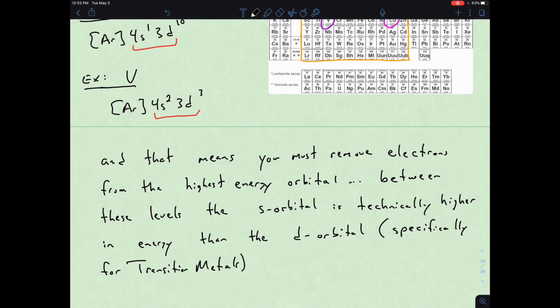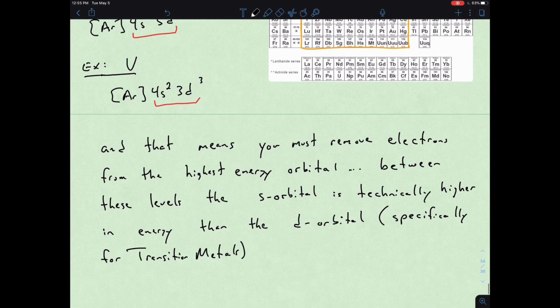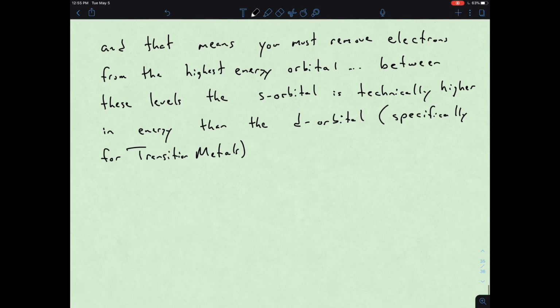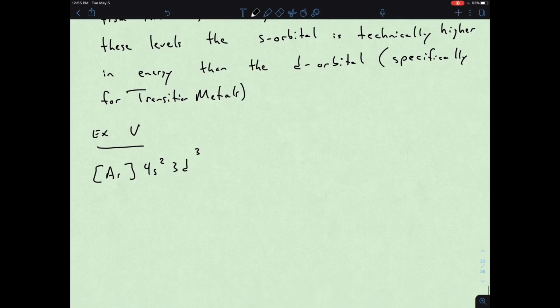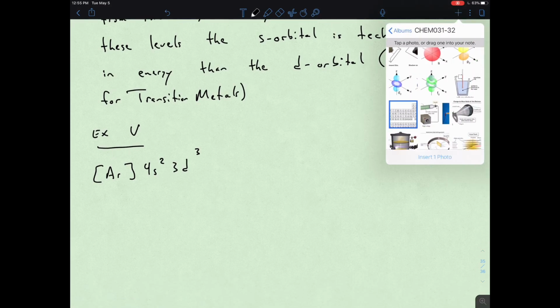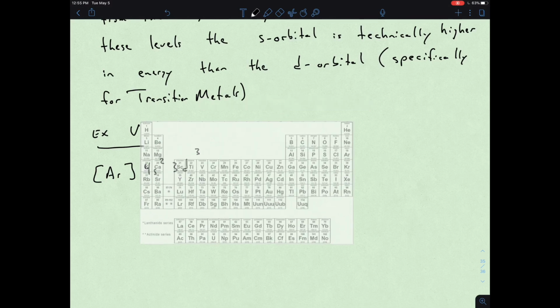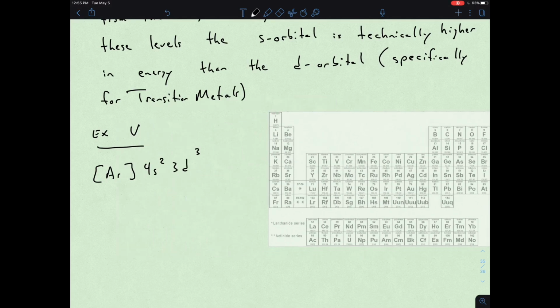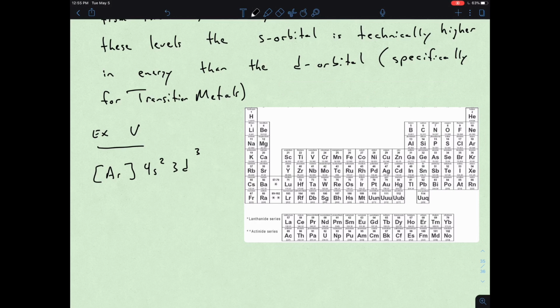Specific for transition metals. So if we come back to maybe that last example for the vanadium, where we have argon 4s2 3d3, and just so we have that image of the table, we can bring the table back here. We're looking at vanadium.